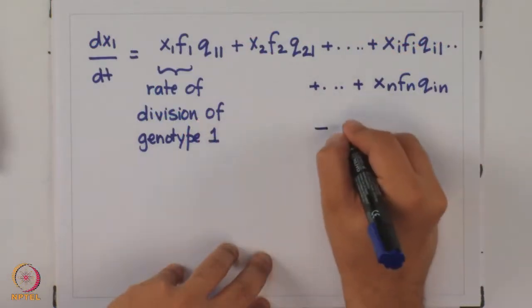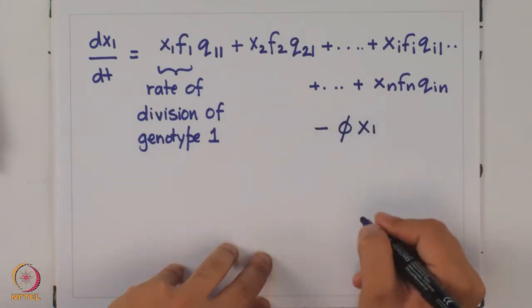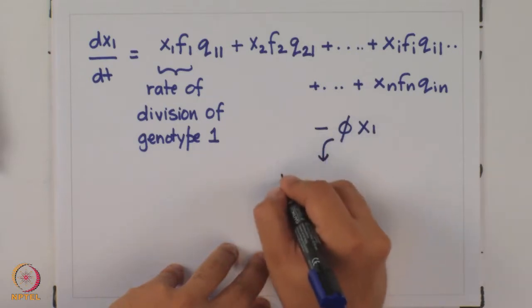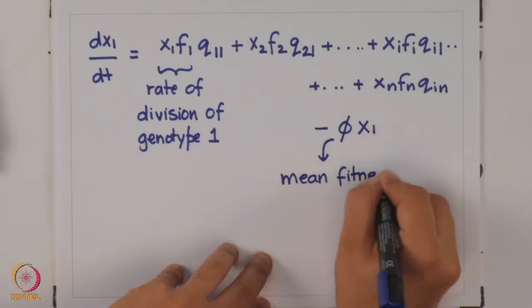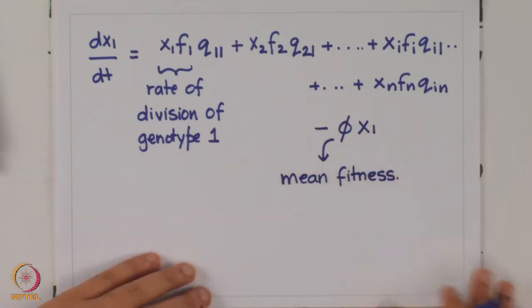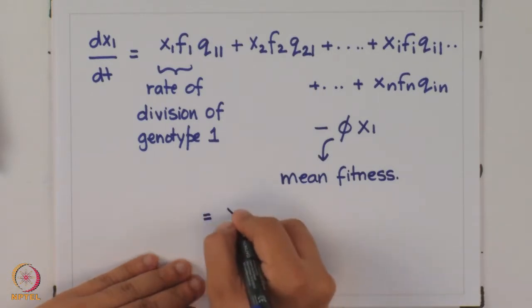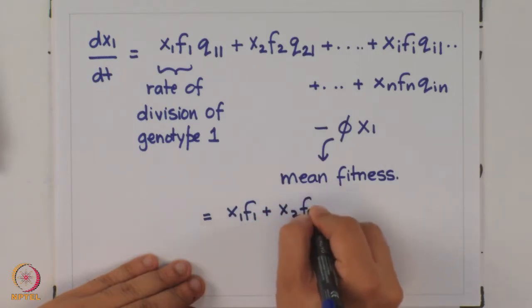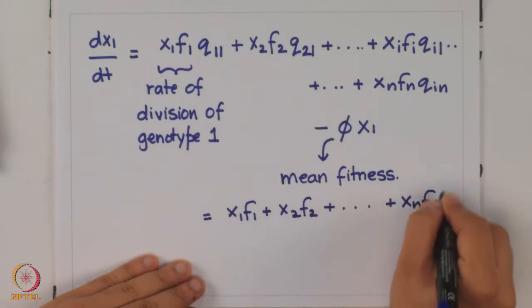So, in addition to all the generation terms, we will have phi times x1 as the rate of elimination of individuals which belong to genotype 1, where phi is the mean fitness, taking into account all the individuals present in the environment at this particular time, and this we have already said is x1 f1 plus x2 f2 going all the way up to xn fn.